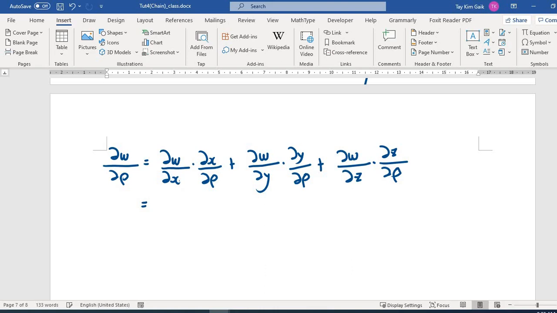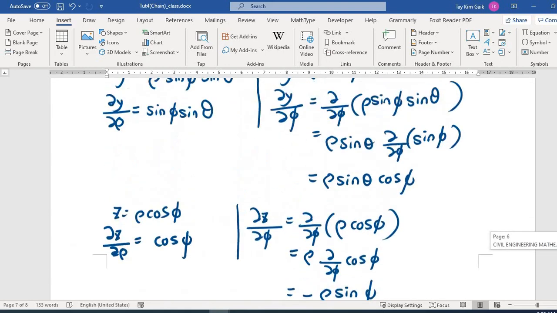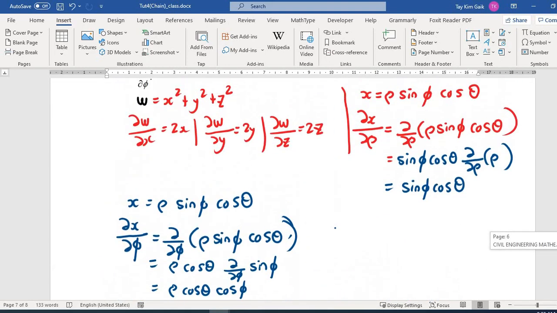So now plug in. Del w del x is 2x, del x del rho is sin phi cos theta.